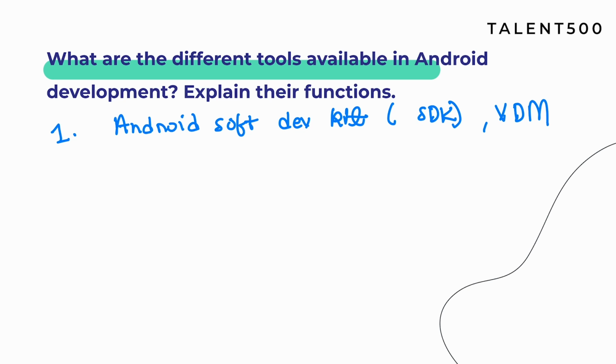Through the emulator in the AVD, you can specify the supported SDK version, storage in the SD card, screen resolution, and other abilities like GPS or touch screen. Okay, so this is the number one tool which is available in Android development, basically the Android software development kit. Talking about number two, you have the Android emulator.